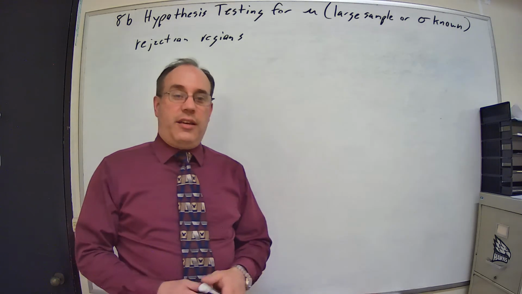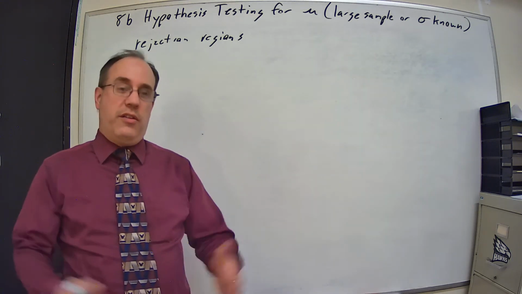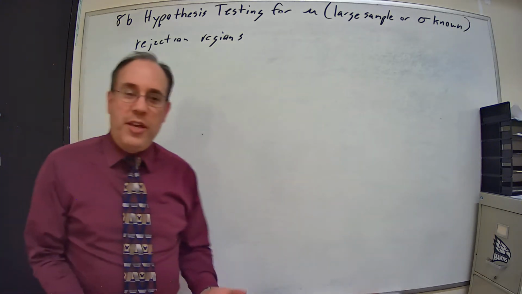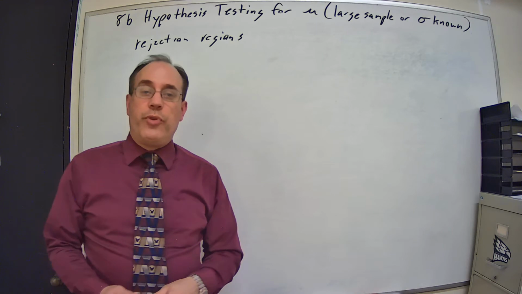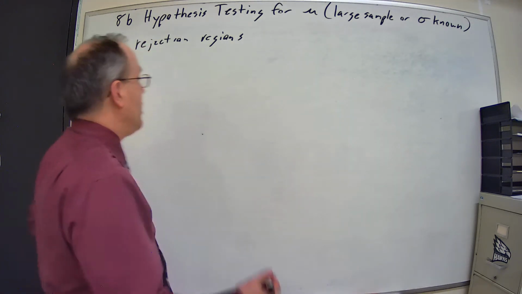So I like using rejection regions because it works for all distributions. So what do we mean by rejection region? Well, basically with a rejection region, we're changing the process slightly.